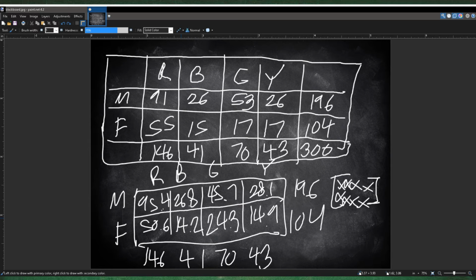So you get 9.53666 repeating, right? That's why I said the expected values on the calculator are more precise, because they have all these decimals. And you have 26.78 and a bunch of sixes instead of 26.8 for male blue.